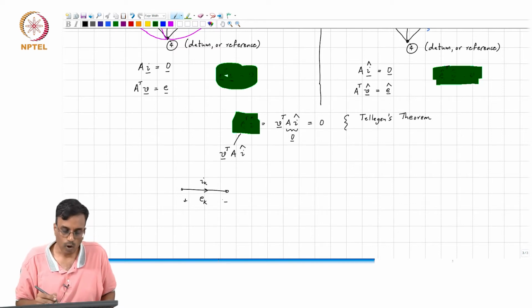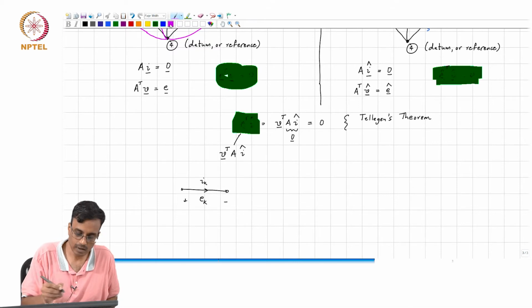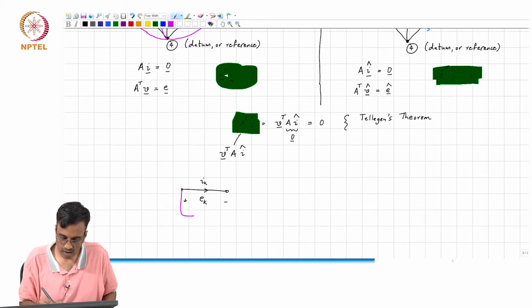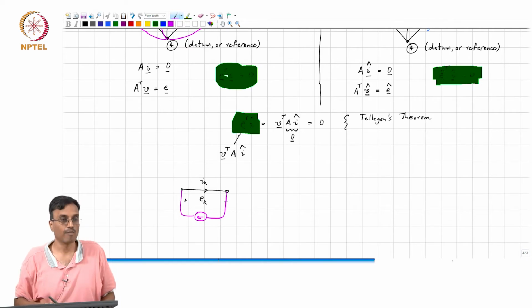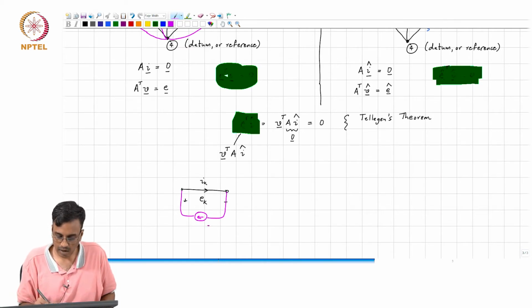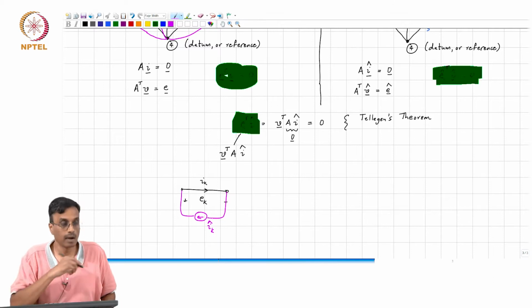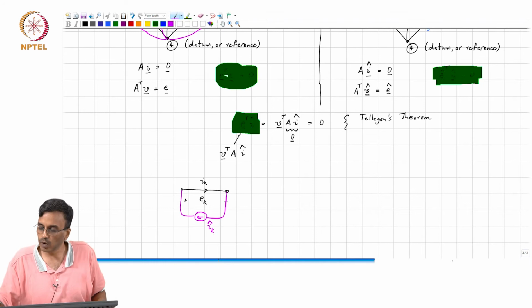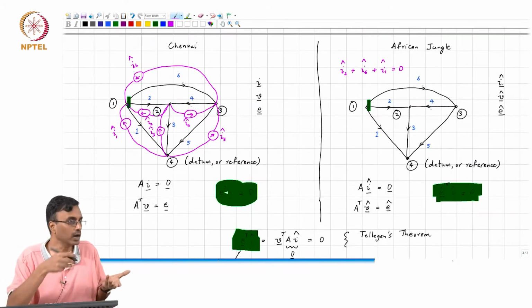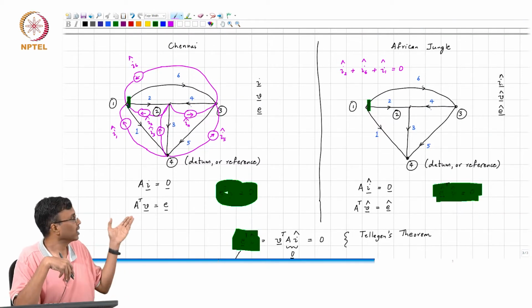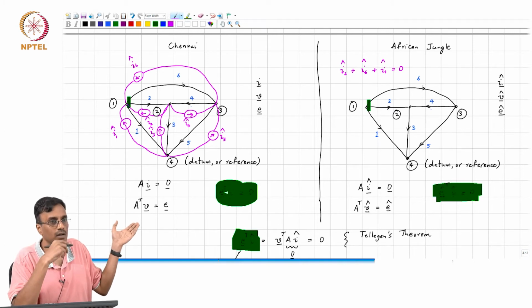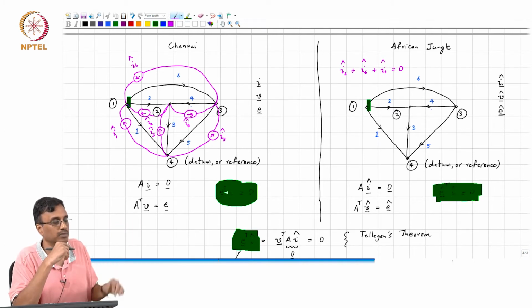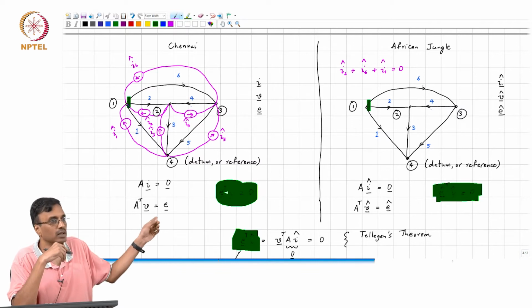What we have done in effect is, in parallel with every branch, put in IK hat. Now, this network is as legitimate as any other network, correct. So, power conservation must be valid for this network too.